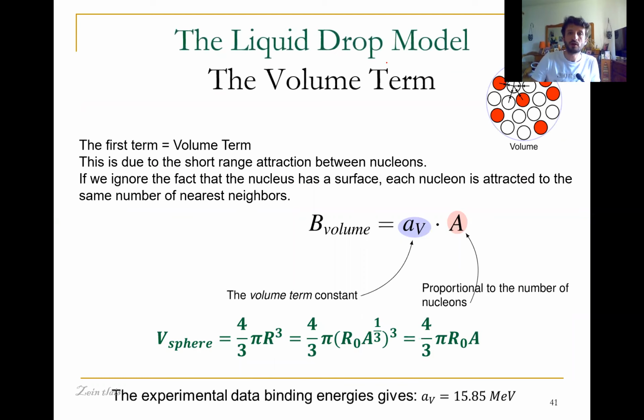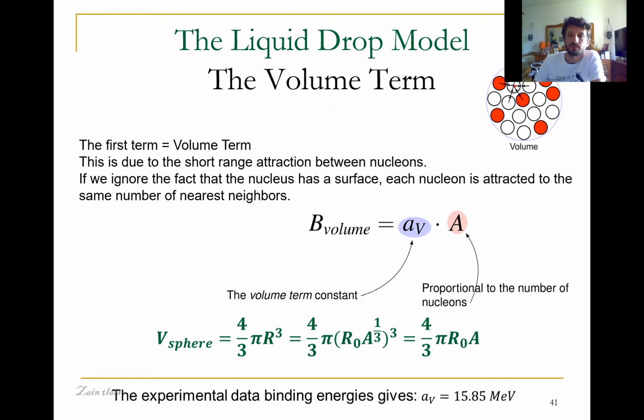First of all, we have the volume term. In general, physically, I don't talk about the nucleons at the surface of the nucleus, just about the nucleons inside the nucleus. Each nucleon is bounded with other nucleons on all sides.